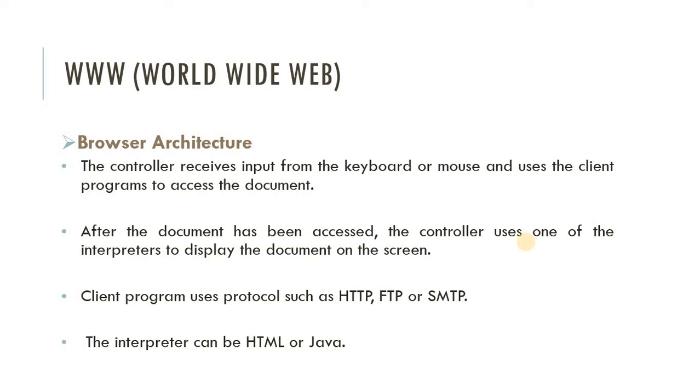Yes, and using those protocols we can request the content, and this content is displayed over the browser. And the interpreter can be HTML or Java. As I said, based on the requirement, the interpreter works. So this is a basic architecture of the browser. This is a very basic concept. So I hope now you are clear with the browser architecture.